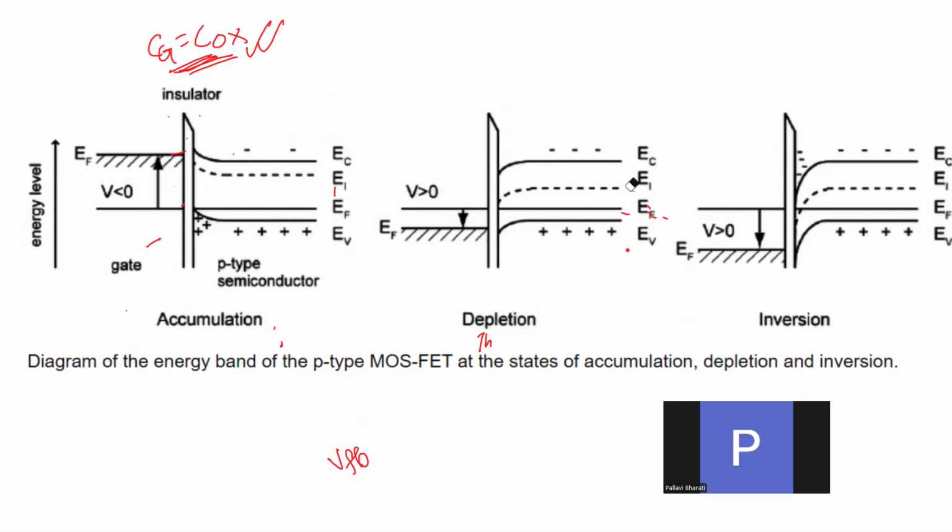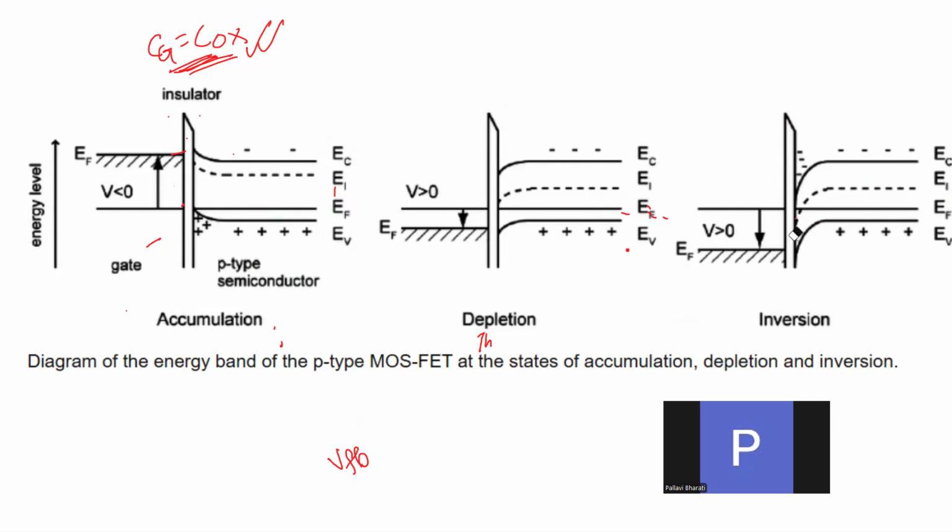Here you can see the intrinsic Fermi level. The intrinsic Fermi level is also bending and coming closer to the Fermi level of the semiconductor, but it has not yet passed. Once the electrons get concentrated here, the intrinsic Fermi level E_Fi crosses the main Fermi level.